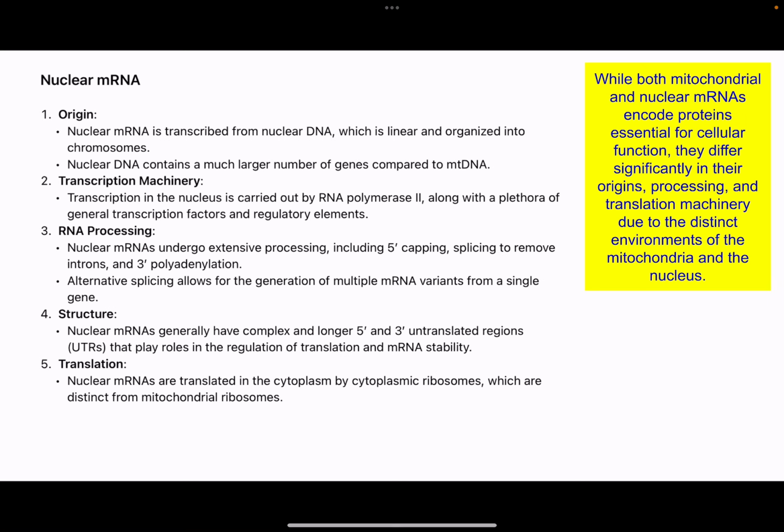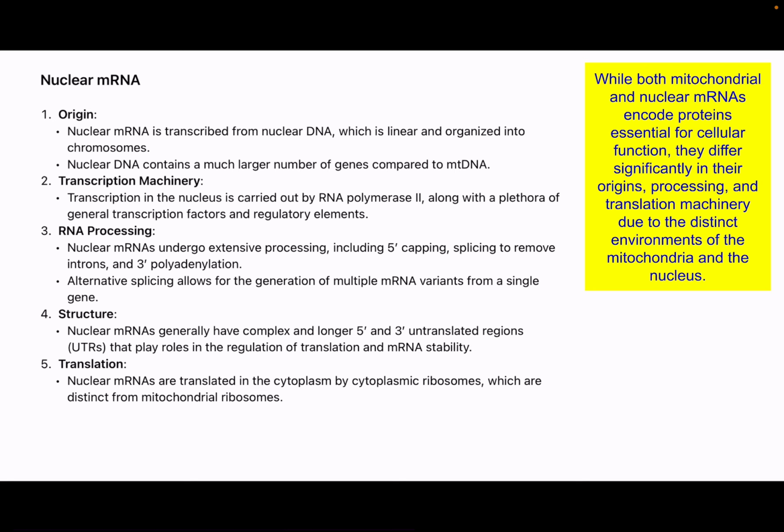Now, nuclear DNA, the origin of nuclear mRNA, is transcribed from nuclear DNA, which is linear and organized into chromosomes. Nuclear DNA contains a much larger number of genes compared to mitochondrial DNA. Transcription machinery. Transcription in the nucleus is carried out by RNA polymerase II, along with a plethora of general transcription factors and regulatory elements. RNA processing.